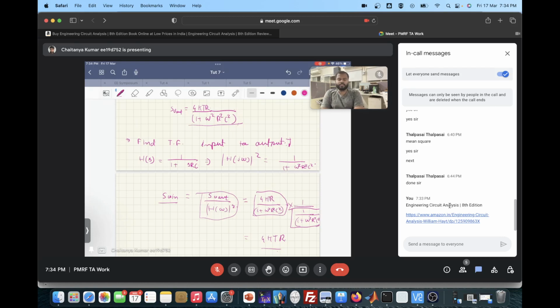The active RC filters and active RC circuits are there. There is a whole chapter dedicated to that, so you can practice from there. Apart from that, you can use your simulator: whatever circuits you see in this book, you can put them in the simulator and check their transfer functions.